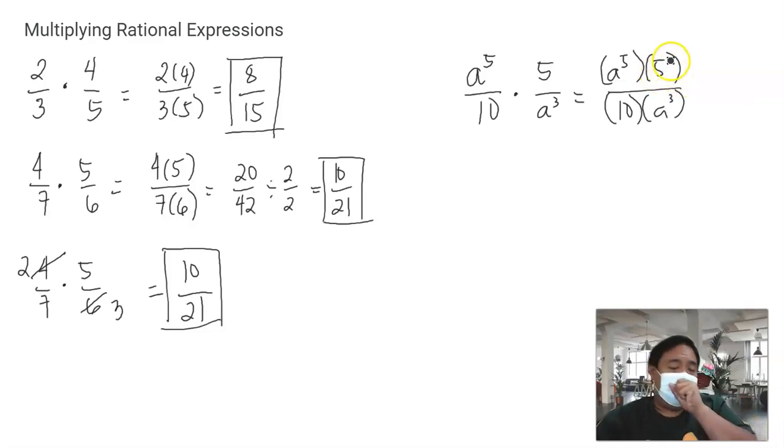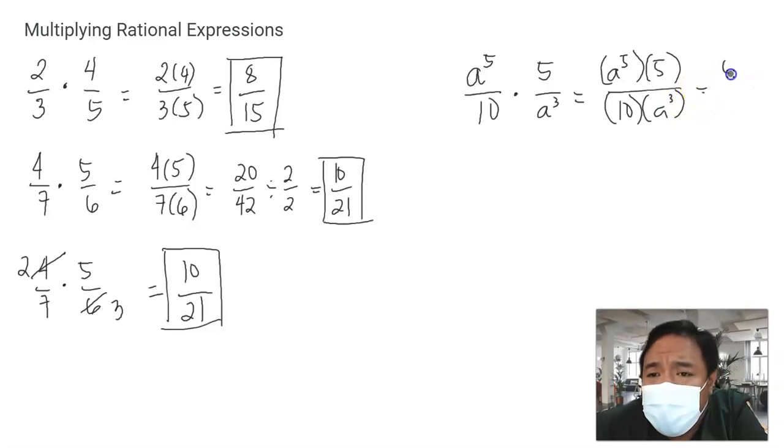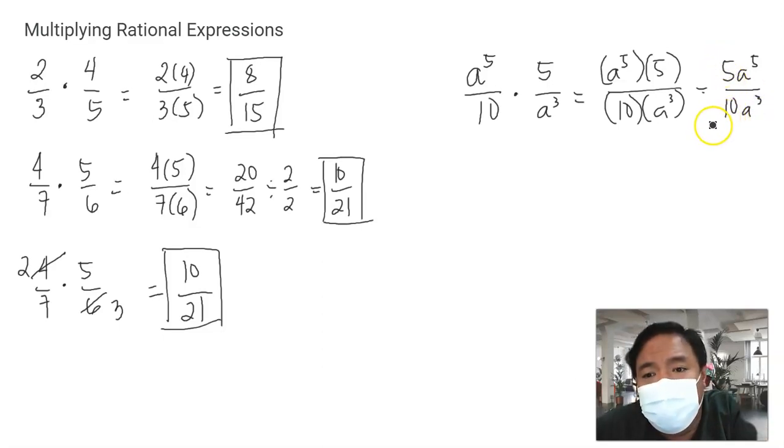It's 5 a raised to 5 all over 10 a raised to 3. 5 and 10 are both divisible by 5. Tama po ba? Yes. So 5 divided by 5 is 1. 10 divided by 5 is 2.